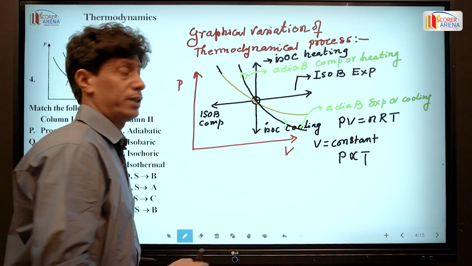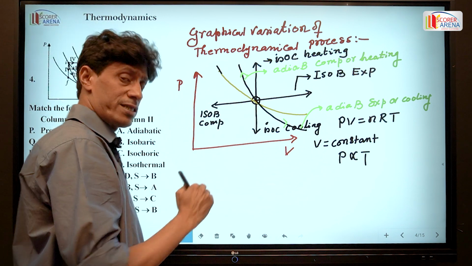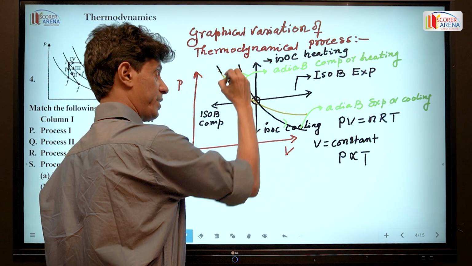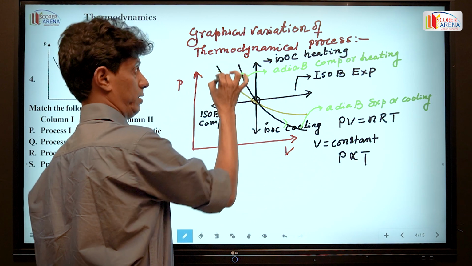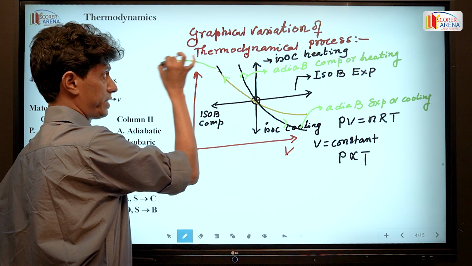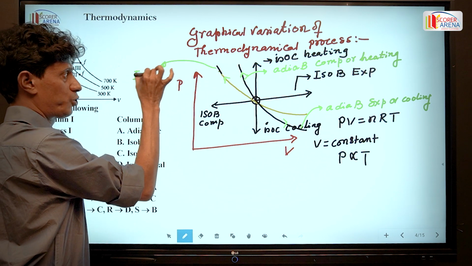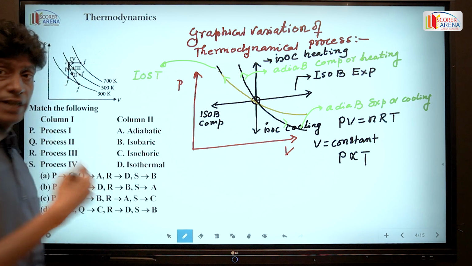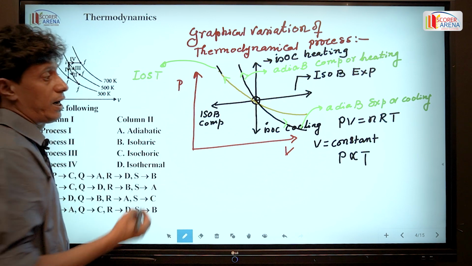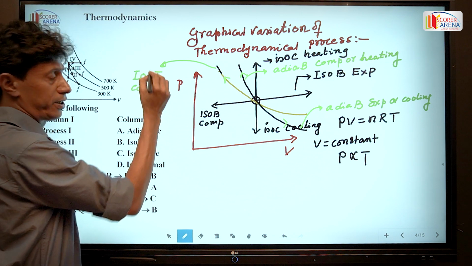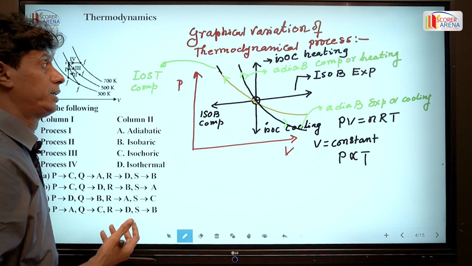Another hyperbolic line with less stiffness represents isothermal. Iso-T stands for isothermal. Iso-T compression, that is temperature constant.